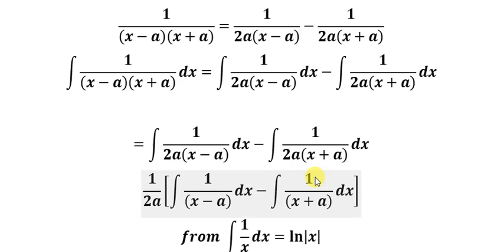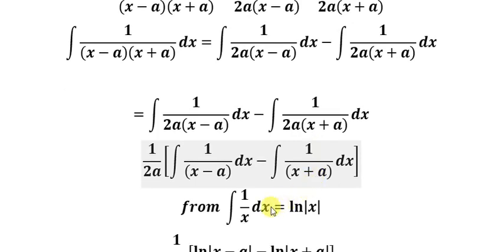Now, taking our mind back to logarithmic integration. When we have a case like 1 over x, or 1 over a certain quantity or variable, we use this form of integration that results in ln of the denominator.